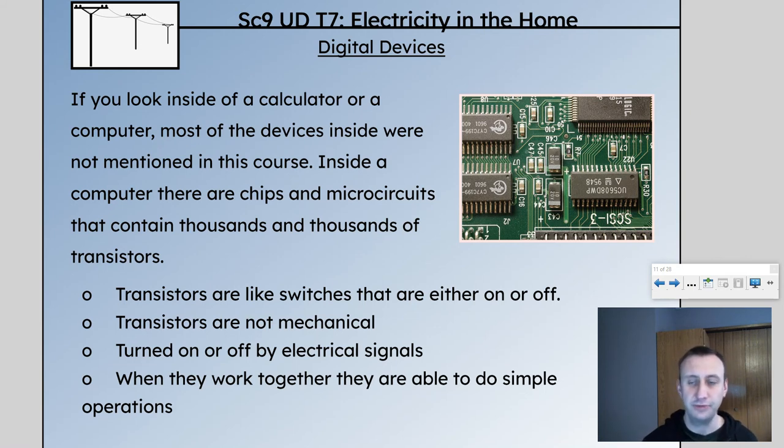So just know that transistors, which are made out of semiconducting materials, silicon is the base, and then you have arsenic and gallium mixed in there as well, and phosphorus. But silicon being in there acts as basically a switch, a solid state switch, so it doesn't have any mechanical parts, and that switch is turned either on or off from electrical signals.